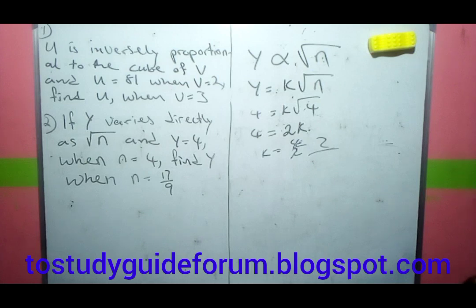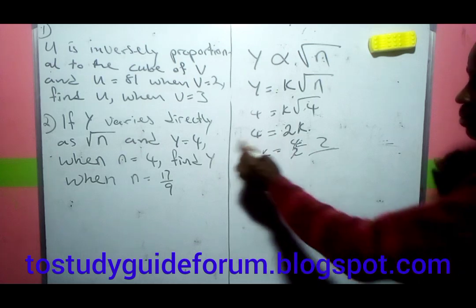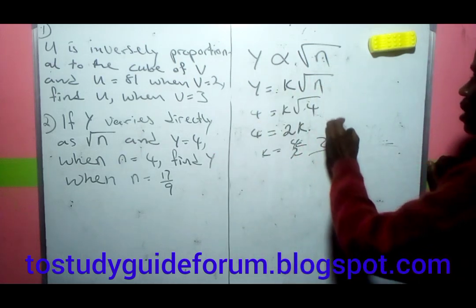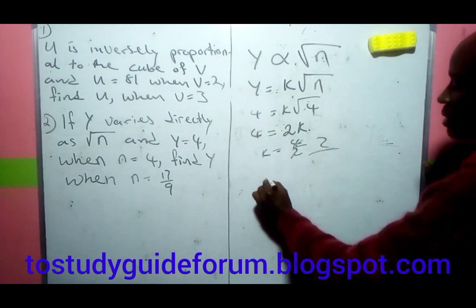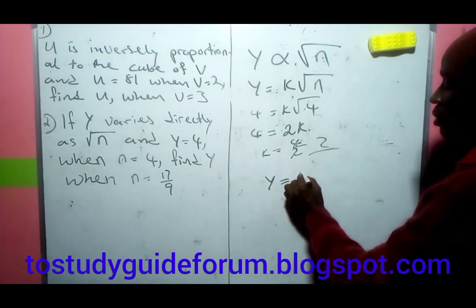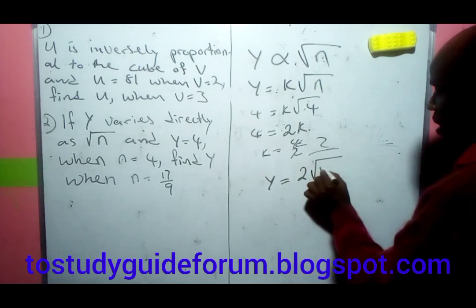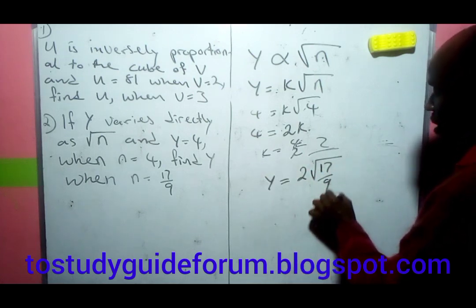So the next thing we are going to do is solve for the next one. It said to get the value of Y. To get the value of Y, Y is equal to K root n. Since we have K to be 2, we substitute, and n is 17/9.